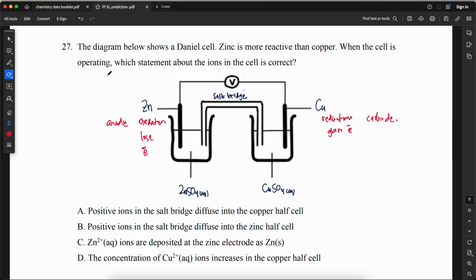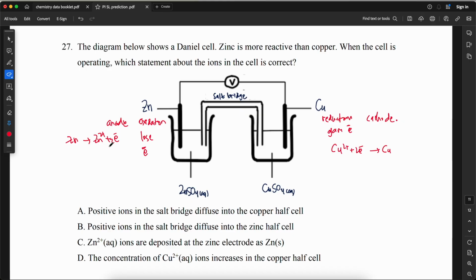When the cell is operating, which statement about the ions in the cell is correct? So oxidation lose the electron, so Zn will lose the electron. This one will gain the electron. So positive ion in the salt bridge diffuse into the copper half cell.